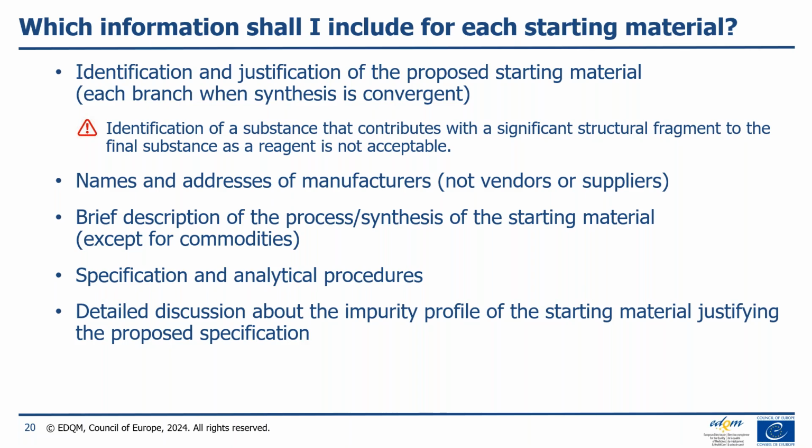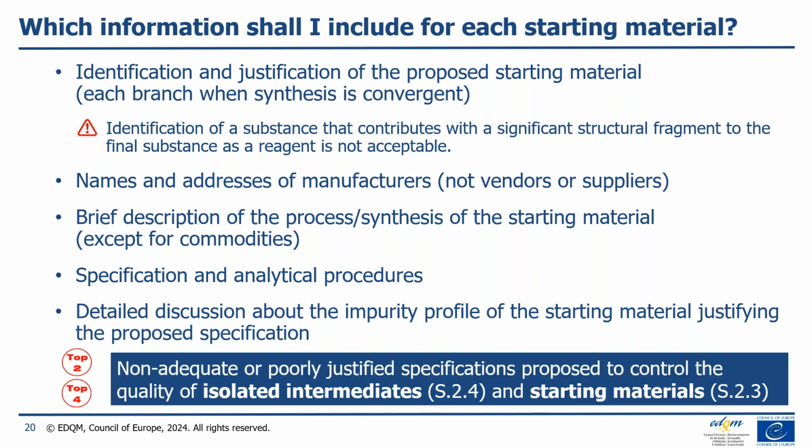So what else? We want to see names and addresses of manufacturers, not vendors or suppliers, and brief descriptions of the manufacturing process for the starting materials, except of course for commodities as laid out in ICH Q11. We want to see specifications and analytical procedures, and we want to see a detailed discussion about the impurity profile of the starting material, justifying the proposed specification.